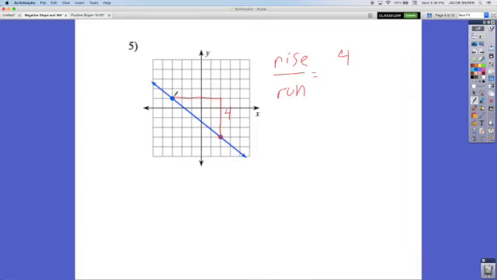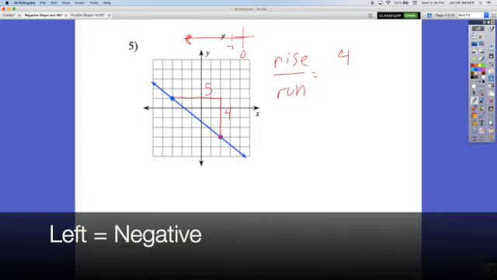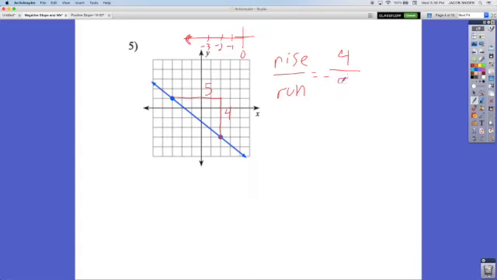To the left, 5. Now, if I go to the left, just like if I'm on a number line and I'm at 0, if I go to the left, what do I know about these numbers? They're negative. So I'm going to make my slope -5. And there's the slope of my line. Okay? That's how I want you to do it. If it's going downhill, it's got a negative slope.